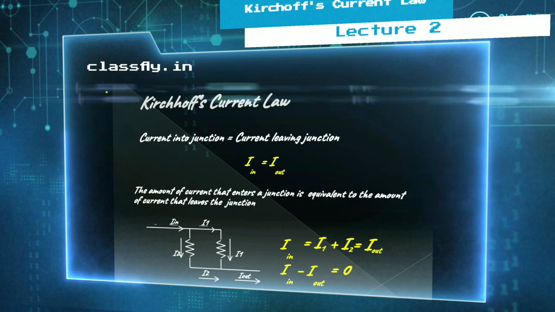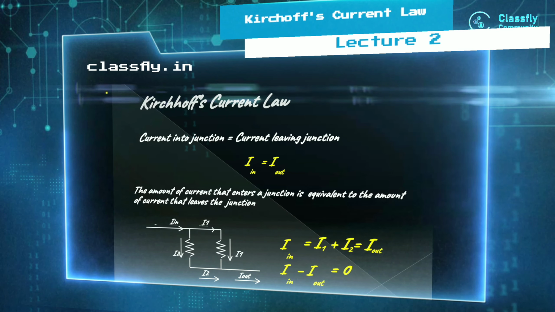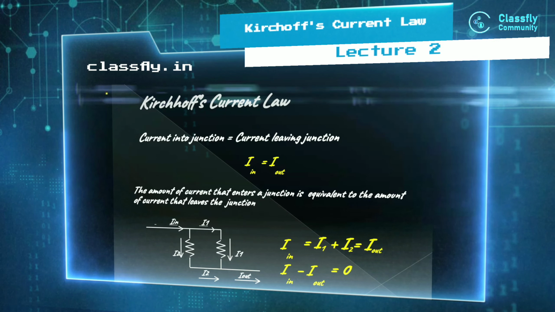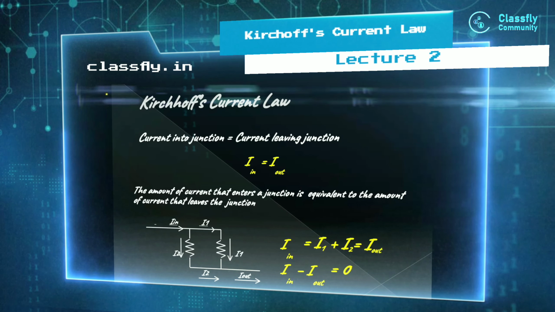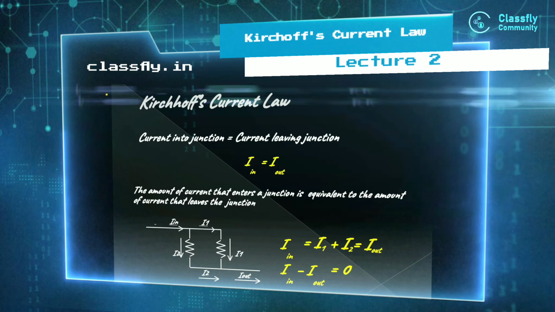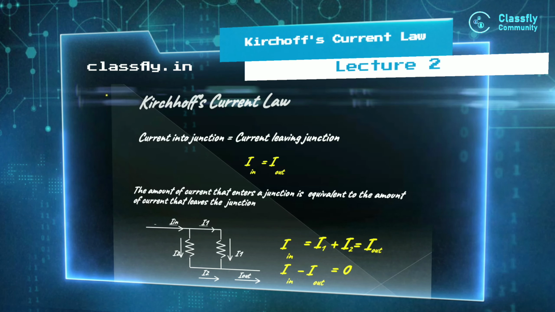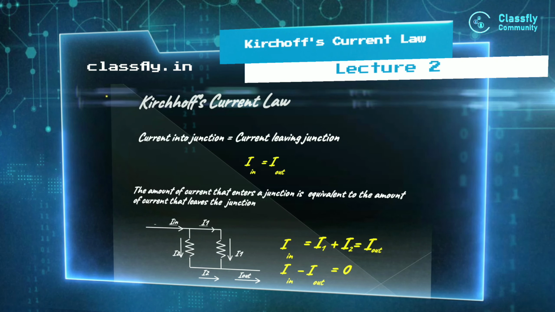So at that point of time, scientists generated another law, which is Kirchhoff's law. But here Kirchhoff's law has two parts. That is, the first law, the junction law or Kirchhoff's current law, and Kirchhoff's voltage law, which is known as the loop law. Okay, so let's see what it says.